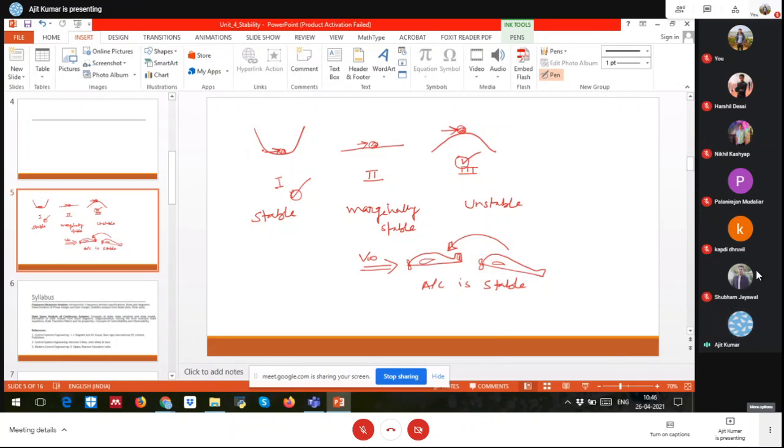But when it has the long-term tendency to settle, suppose you have disturbed the system at this point and it has started oscillating like this, and then after a certain time it tries to stabilize, this is a dynamically stable system. After some time it will settle; it will take time, but with respect to time it is trying to settle. So this is a dynamically stable system. We will see these things in detail in this lecture.